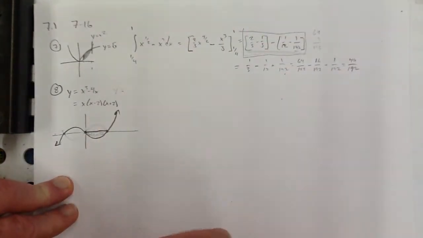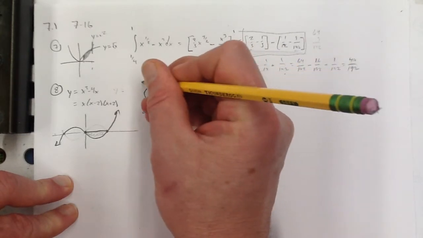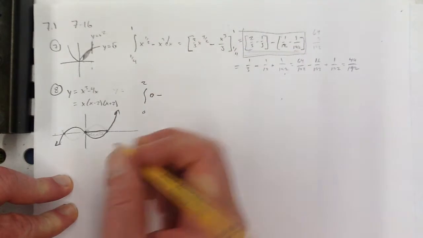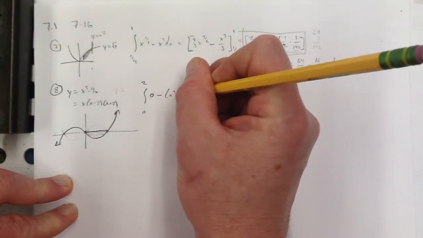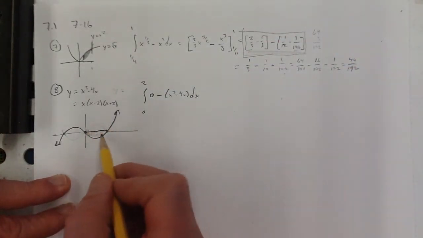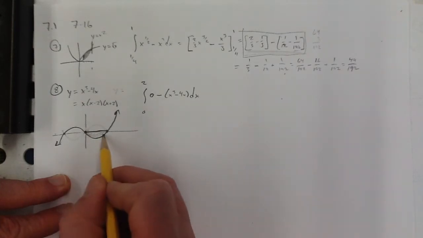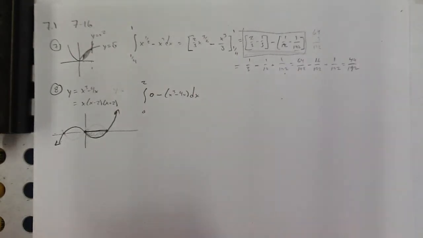Okay? There's a couple ways to think about this. You could think about it as, who's on top? The x-axis, which is y equals 0, is on top, minus x cubed minus 4x. Or you could think, I could have just done this in the last chapter, because I would have just found this integral and then said, you want the positive version, so you make it positive.